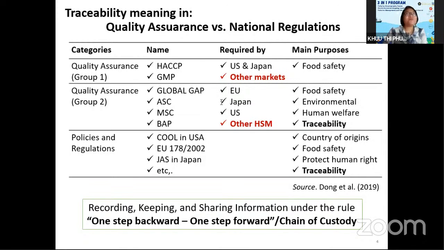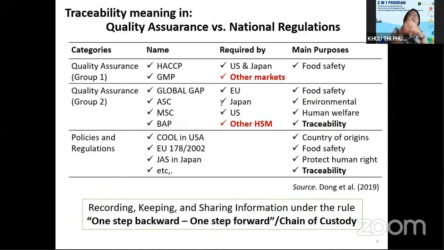I got information from FAO's website. But the most important thing is how to collect the data from fisheries, fishermen or farmers. We have to think about this first.